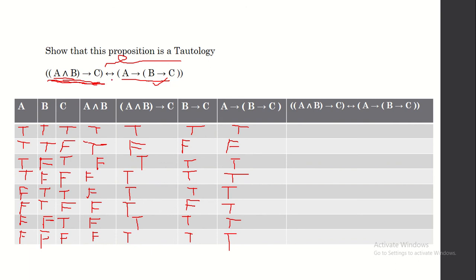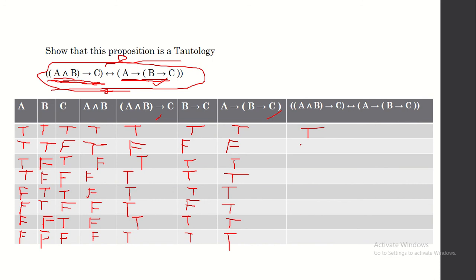Now we need to complete our final step, which is this biconditional part, right? So we are done with this part and this part. Now we are completing this final step. So this is A and B implies C, this is A implies B implies C, and they both are true, so this is true.